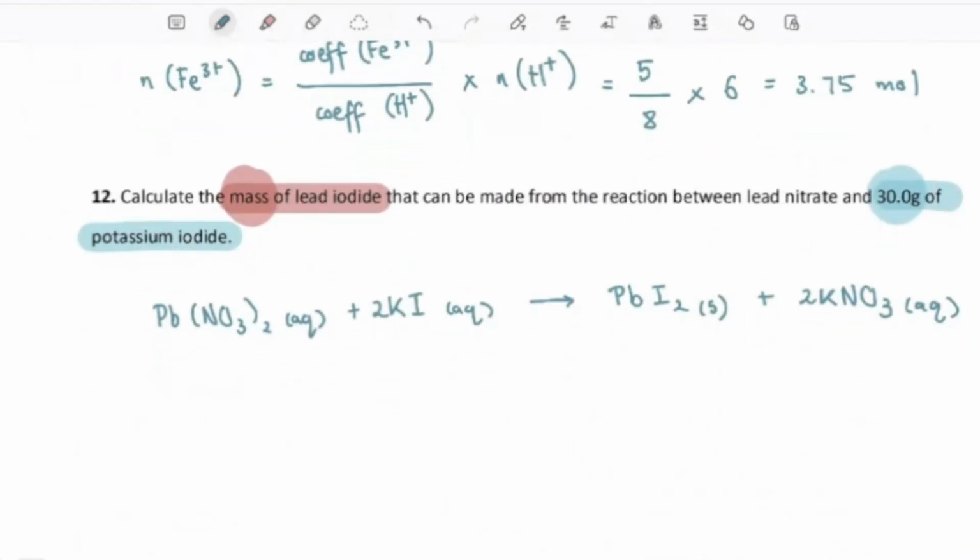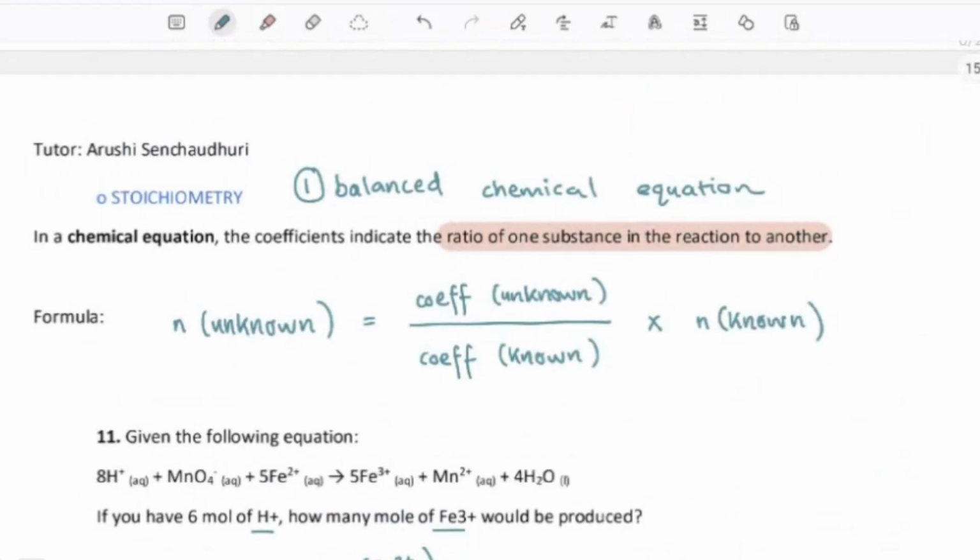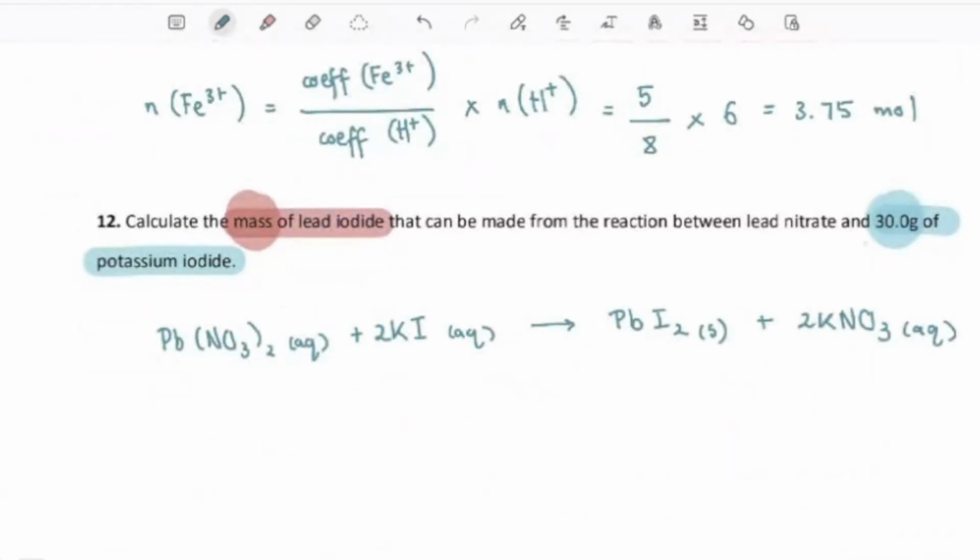Before we can use the formula, because the formula only works with moles and we are given a mass, let's convert this first into moles. So we want to turn the mass of potassium iodide to the moles of potassium iodide. We're using mass over molar mass.